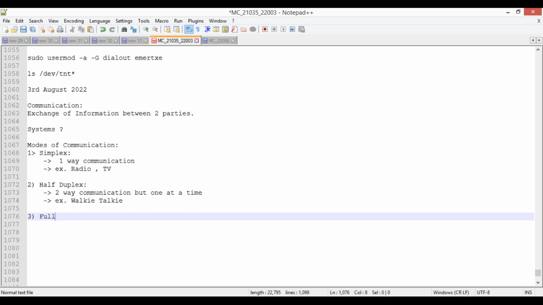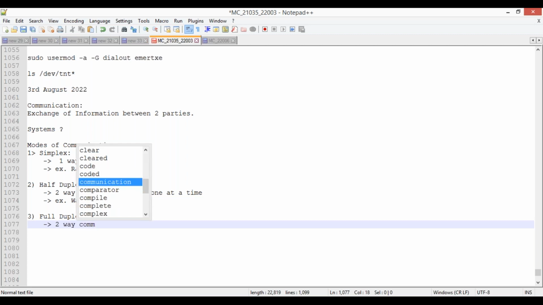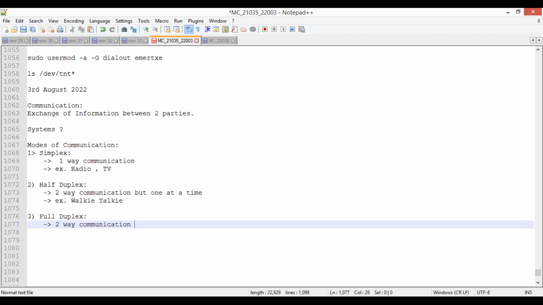It's a full duplex communication. Okay, so can you tell me, guys, what do you mean by full duplex communication? It is how many ways communication? Yes, it is two-way communication. So do we have any restriction like in half duplex?